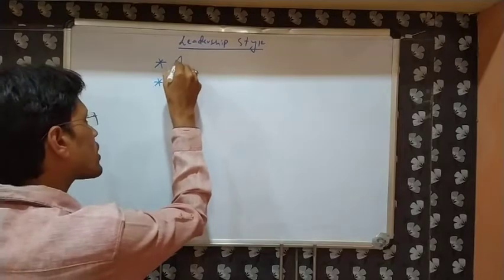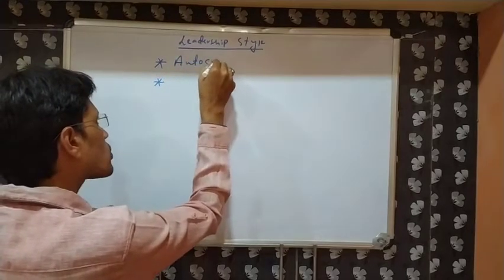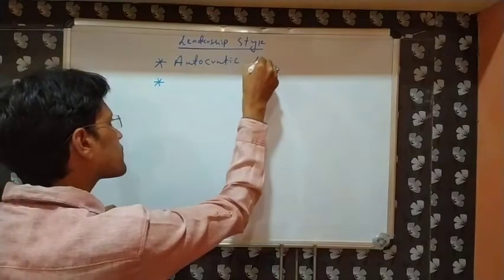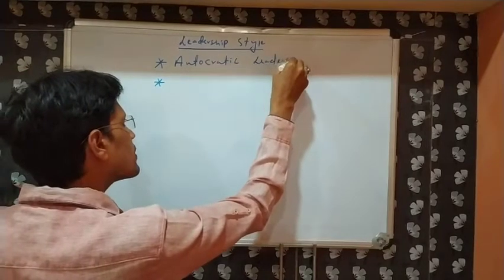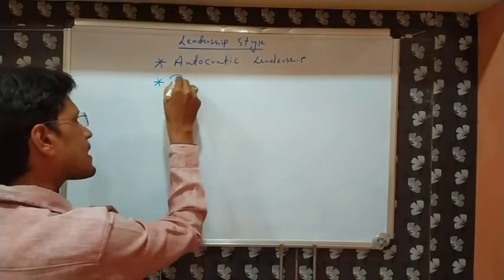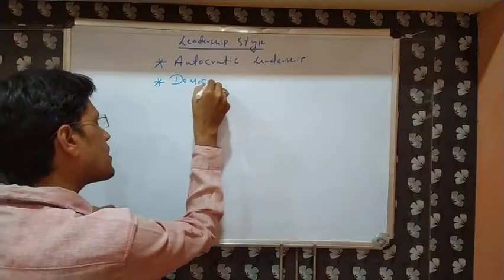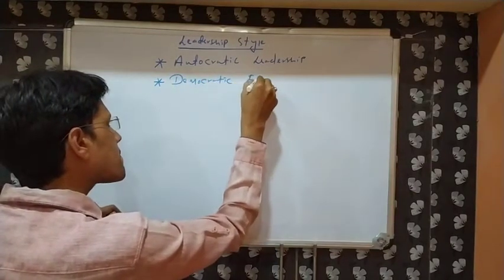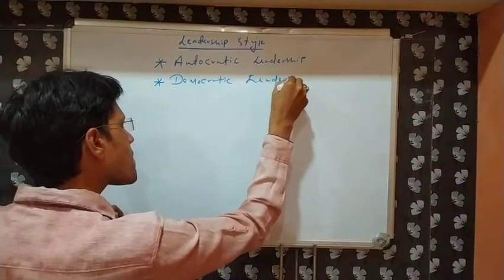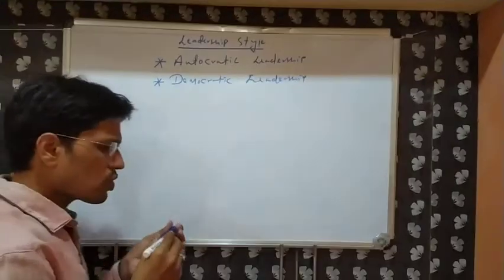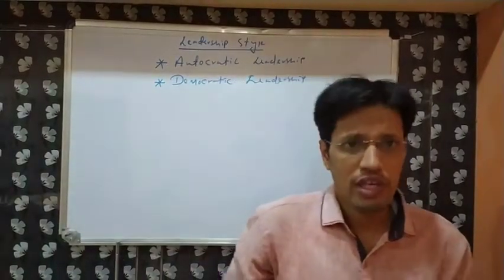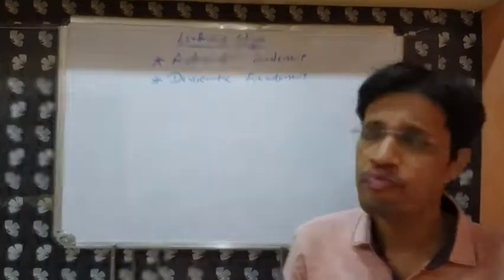First, it is the autocratic leadership style. Second is the democratic leadership style. I just want to revise whatever I discussed last class.